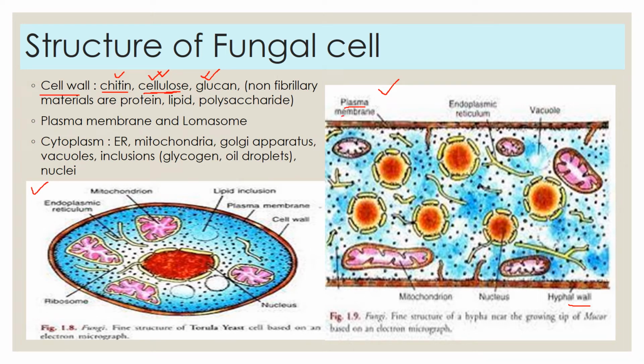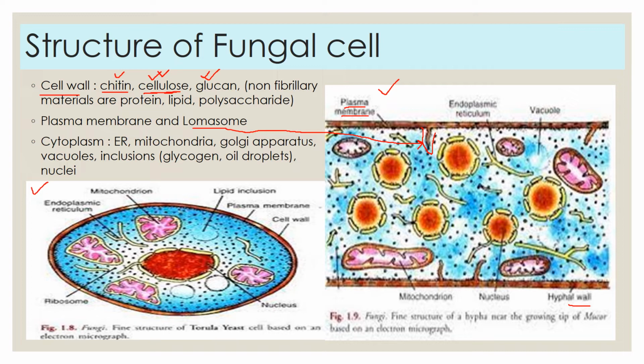Membrane composition is similar to that of any plasma membrane, but one thing is that the plasma membrane forms foldings that invaginate and go deeper into the protoplasm. Such invaginations are called lomasomes. Here we see the lomasomes. So the plasma membrane and lomasomes, and apart from that, there is the cytoplasm.